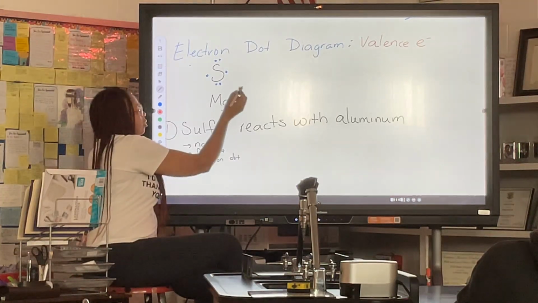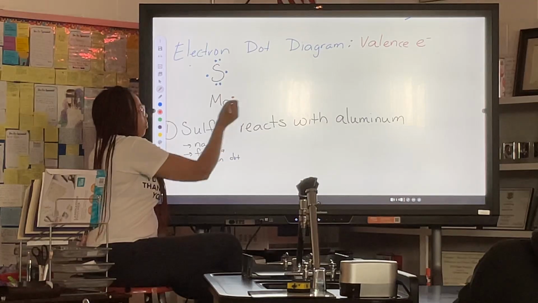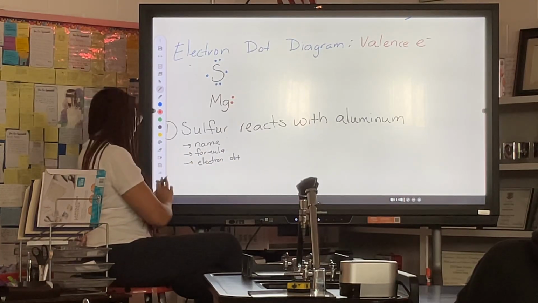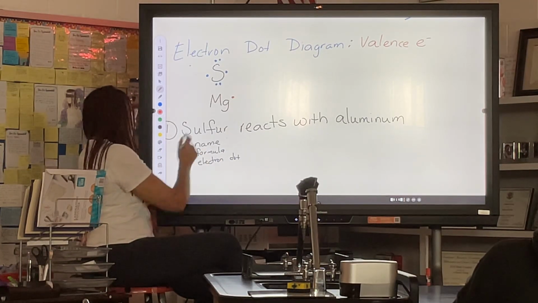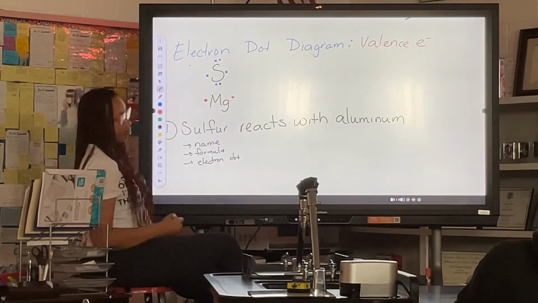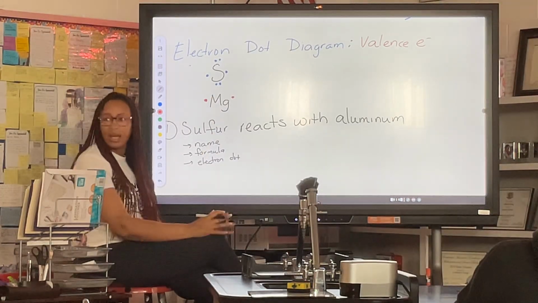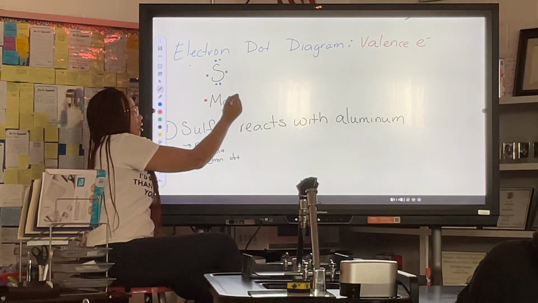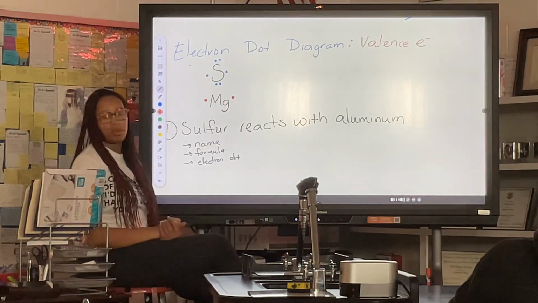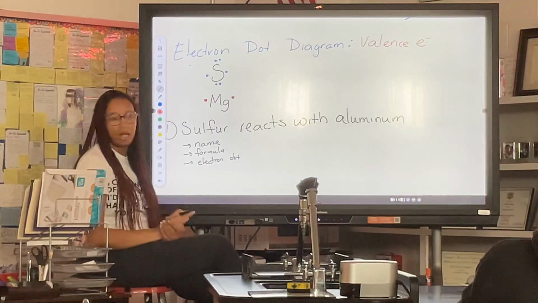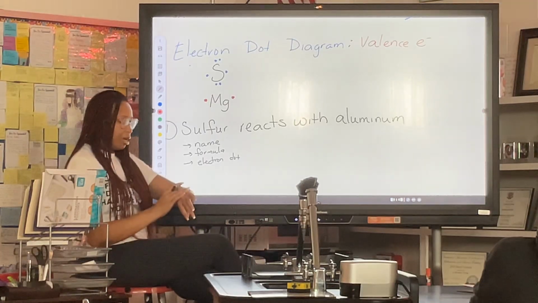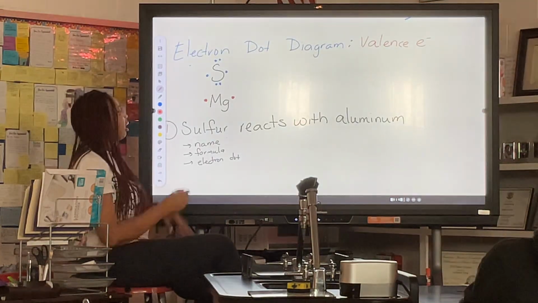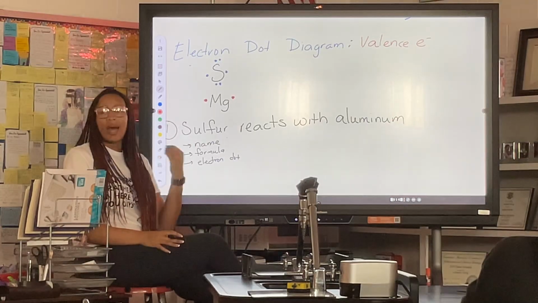Now, some people will do it like this. I personally will never do that unless it's helium, because magnesium has more than one shell, so I'll never put them like that unless it's helium. So, I have 2. Doesn't matter if I went top, bottom, left, right, they're not next to each other, they're spread out. Alright, now, this is for the actual atom.